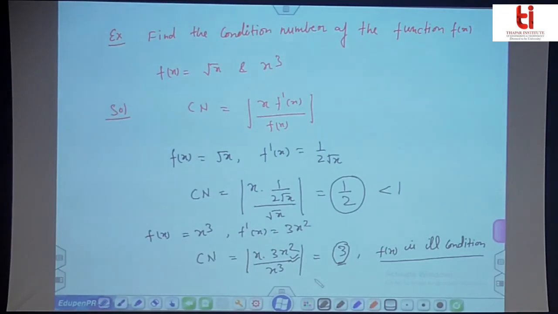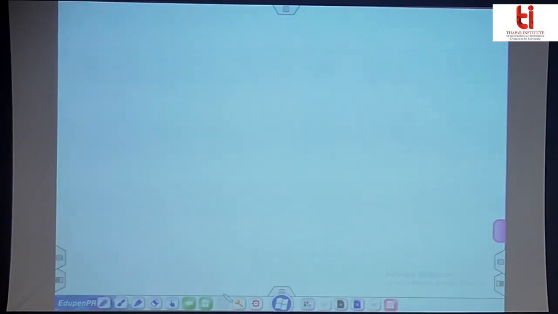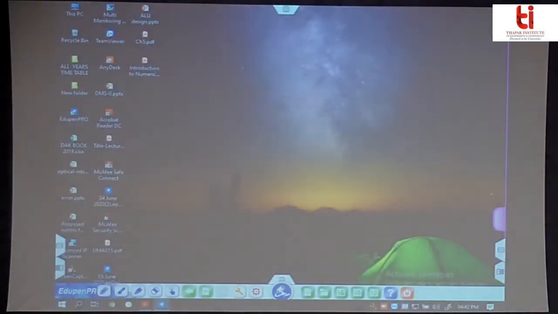Okay, one more example. f(x) equal to 1 upon 1 minus 2x plus x square. Compute f(x) at x equal to 1.01.